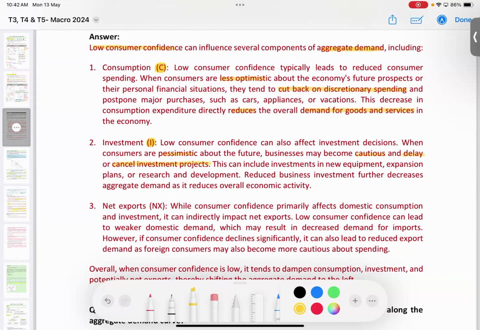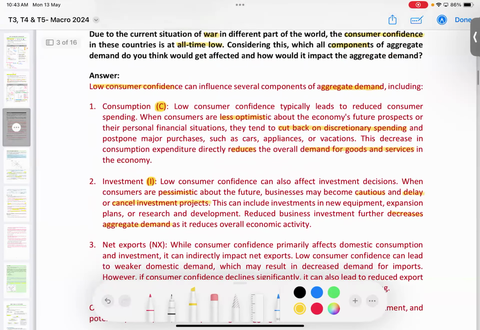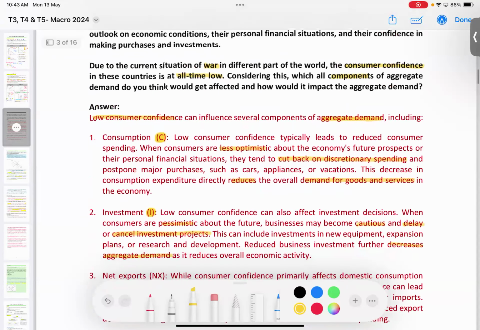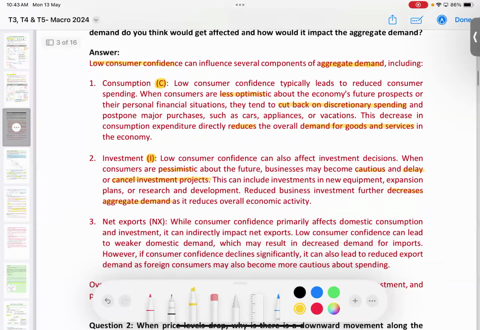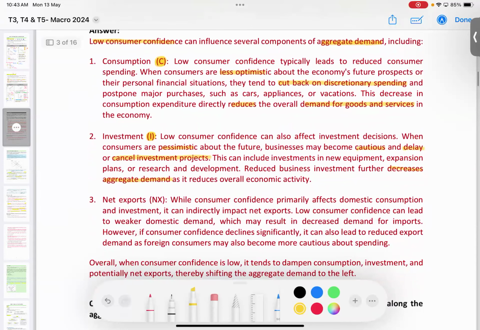They don't want to buy any new equipment, they don't want to expand, or they don't want to do any R&D. So again, this will decrease the aggregate demand. Government spending may not be affected so much because here we focus on consumer sentiments, so we look into households and also businesses. So yes, consumption and investment will be affected.